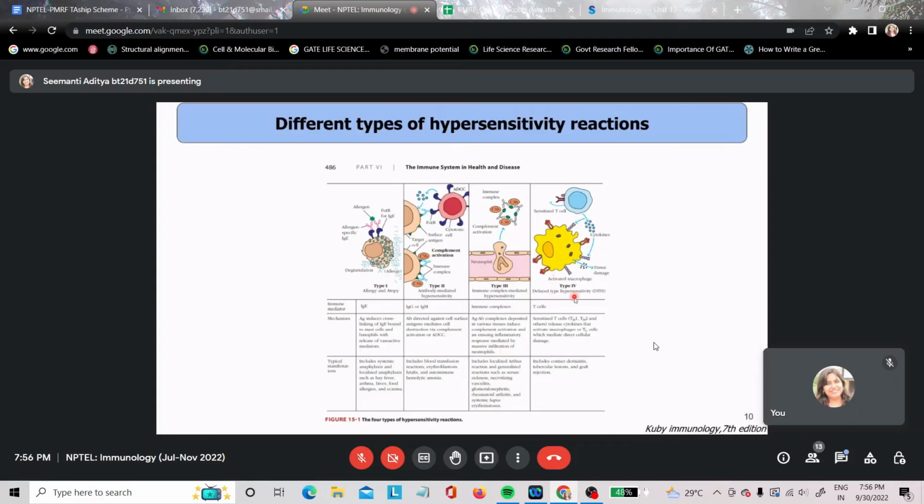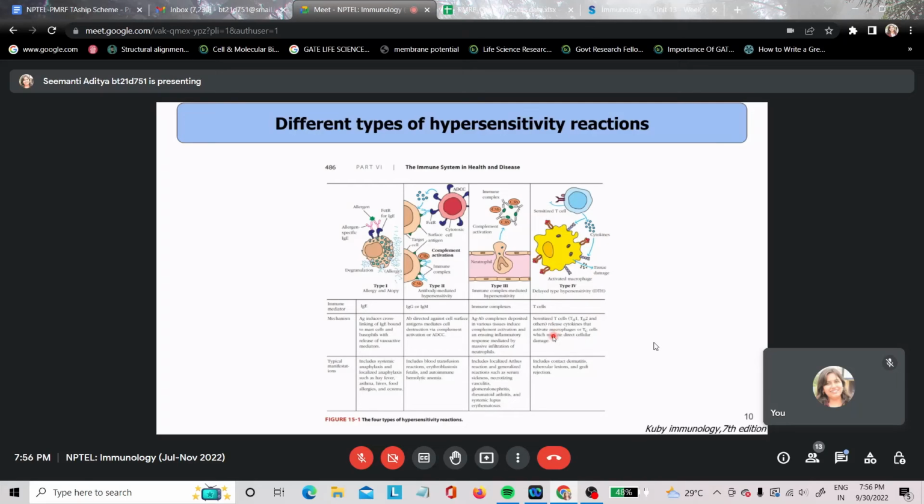And type 4 hypersensitivity is the hypersensitivity reaction which is mediated by T cells alone. The T cells which are primed with B cells or activated macrophages release a higher amount of cytokines into the circulation, and these cytokines will again act on the macrophages and cause tissue damage or cell death.